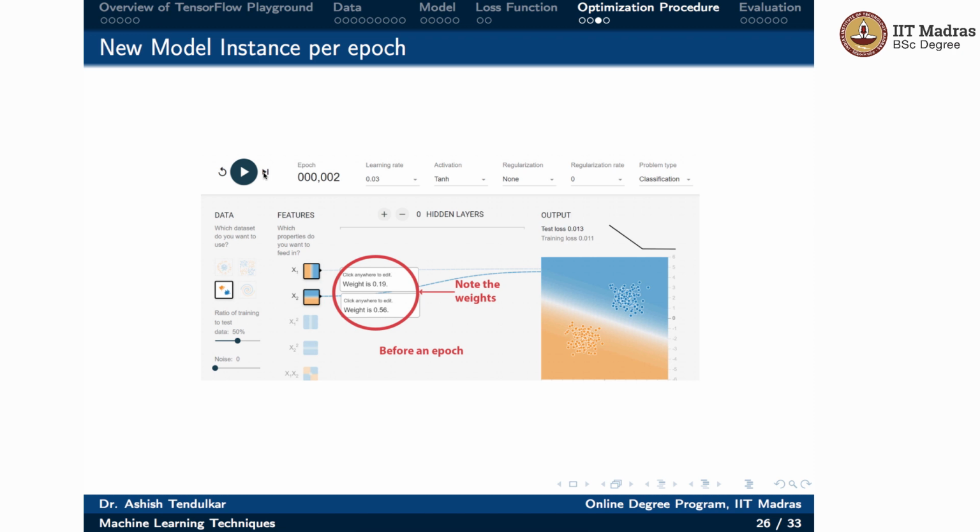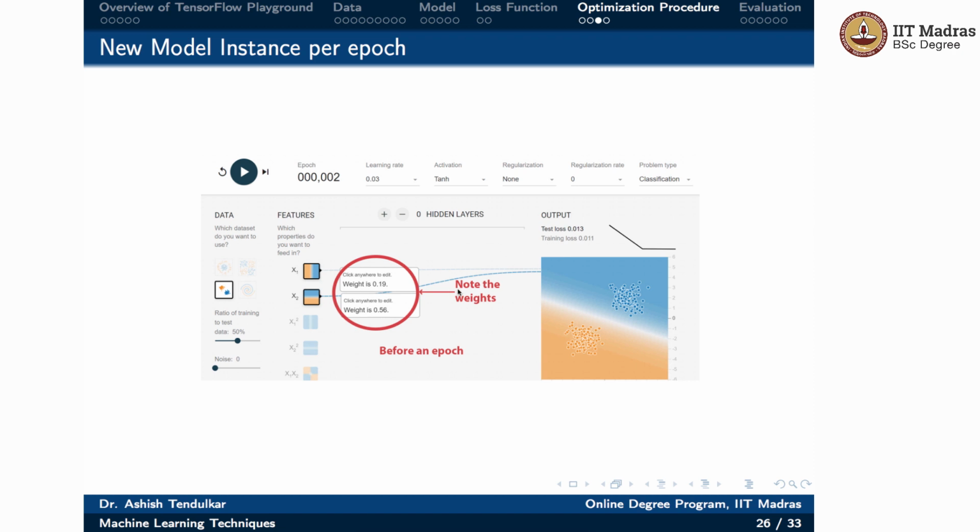As we start training, with every epoch we get a new model, or we get new weights for the respective features. The weights correspond to the features, and as we train the model, with every epoch we get different weights.